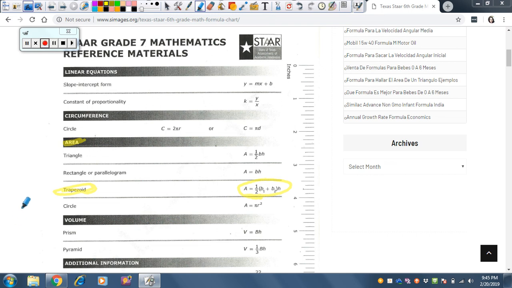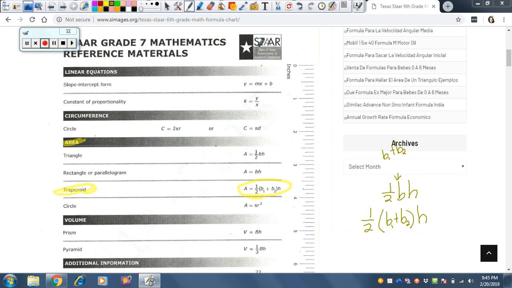Guys, the trapezoid is the triangle formula with one extra step. The triangle formula is 1/2 BH. The trapezoid formula is 1/2, but instead of B, it's B1 plus B2, times H.